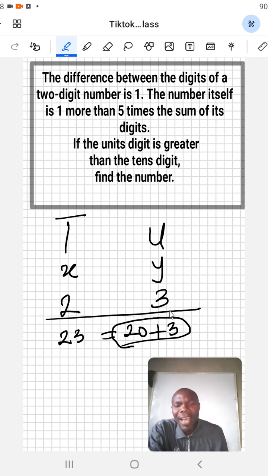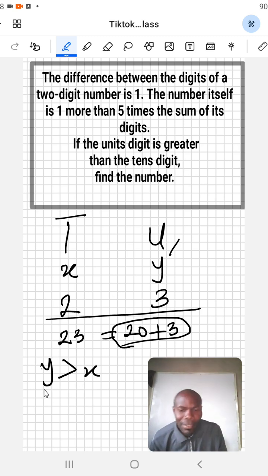From the question, it says if the unit digit, which is y, is greater than the tens digit. This statement will help you interpret the first statement. And what is the first statement? The difference between the digits of a two-digit number is 1.